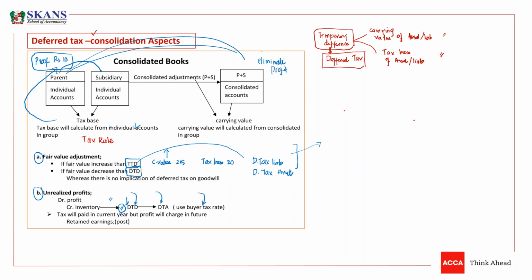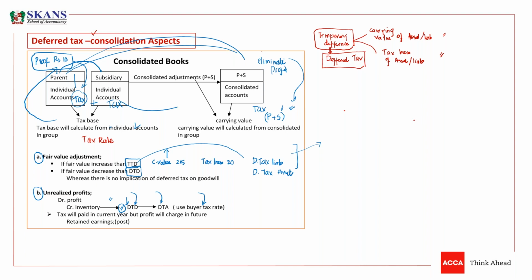But the point is, in the parent's tax, the tax on this unrealized profit is already there, because the parent has already paid the tax on this profit. When you combine both companies' tax, parent and subsidiary, and take it in consolidation, the tax of this profit will always be a part of it, because you combine parent tax with subsidiary tax and it gives you the combined, consolidated tax.